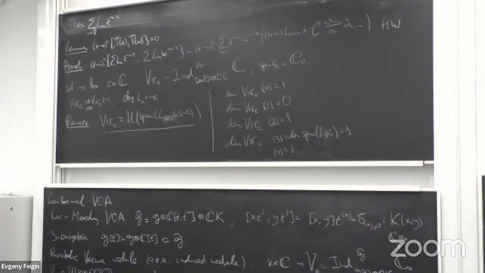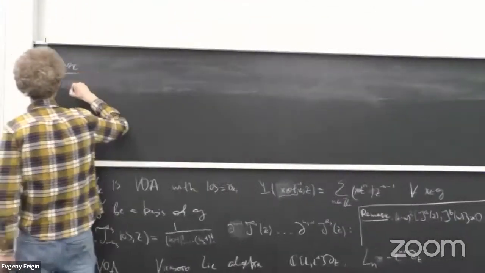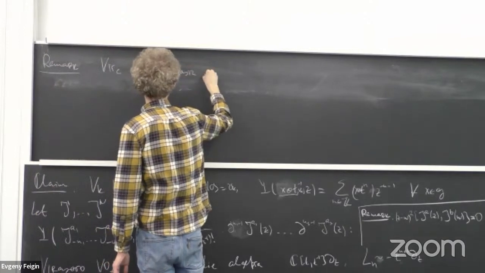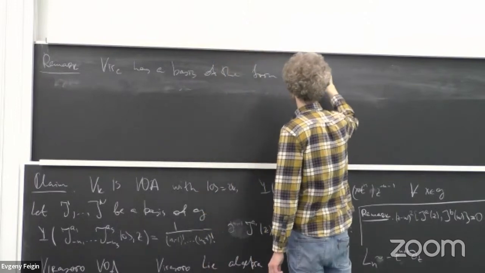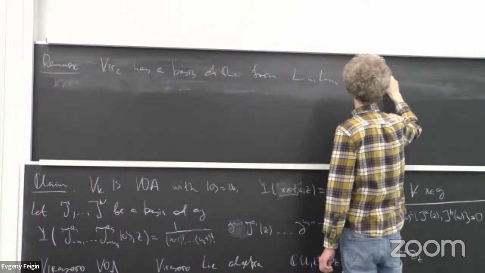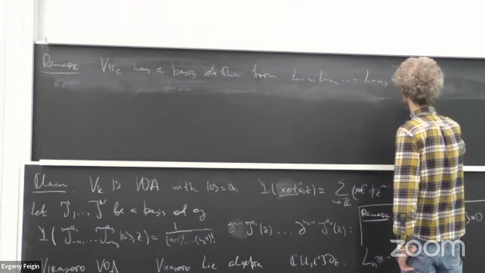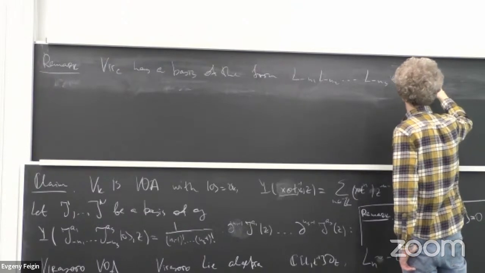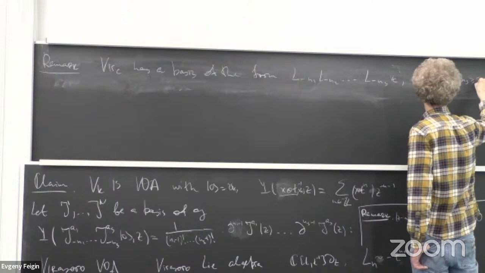Okay, so now one more remark, which is kind of obvious, says that the space has a basis of the form L minus n1, L minus n2, and so on, where n1 is, say, greater or equal than n2, and so on, greater or equal than 2.